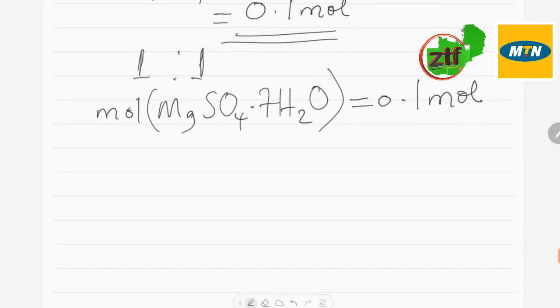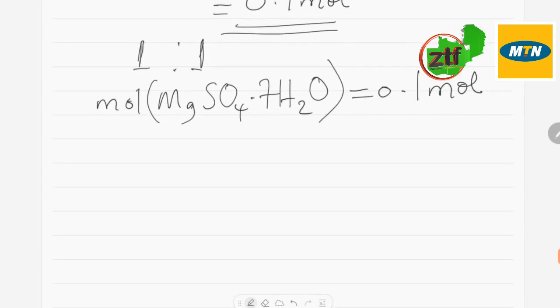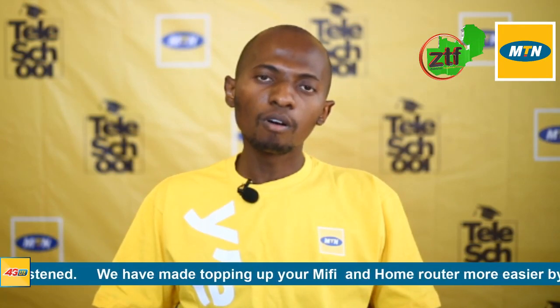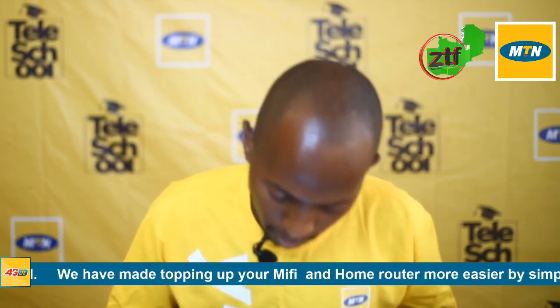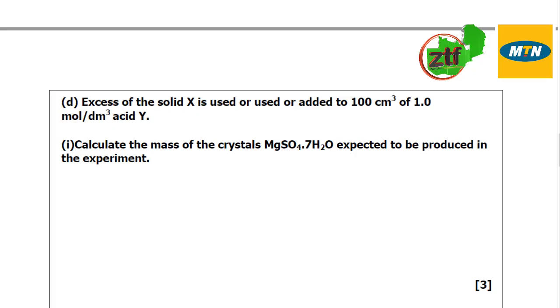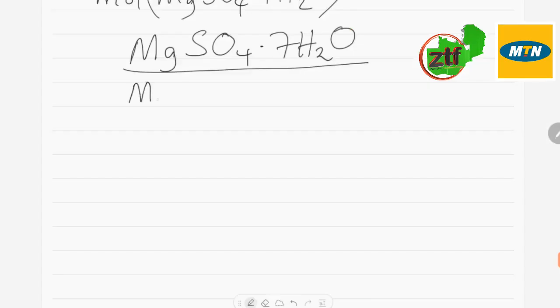Now that we know the moles of magnesium sulfate heptahydrate crystals, we're now going to find the molar mass of the salt as follows. So the elements present there, I've got magnesium, sulfur, oxygen, and hydrogen.